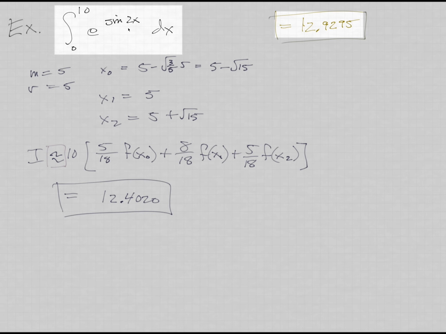Now, in order to justify this, we have to assume that this function, e to the sine 2x, although it's not a polynomial, is not too different from a polynomial. We have to assume that it would be possible to approximate this function pretty well with a polynomial of degree no higher than 5. Now that may or may not be true.